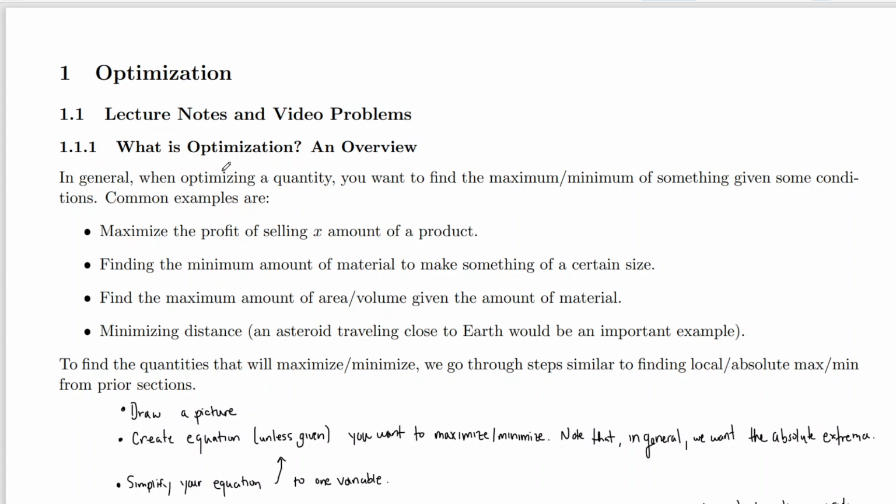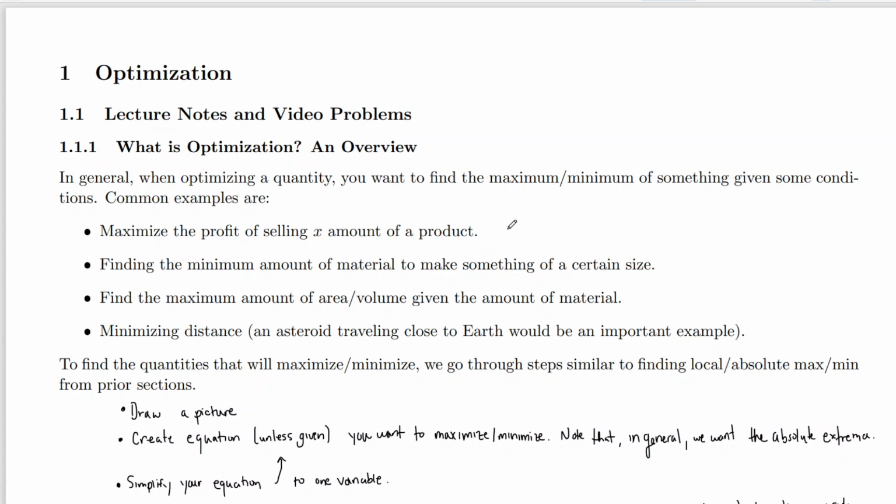Well, optimization is a really important concept because it deals with finding the maximum or minimum of something given some conditions. Some common examples: the first one's probably the easiest to explain because it deals with money. It's maximizing the profit of selling X amount of product.